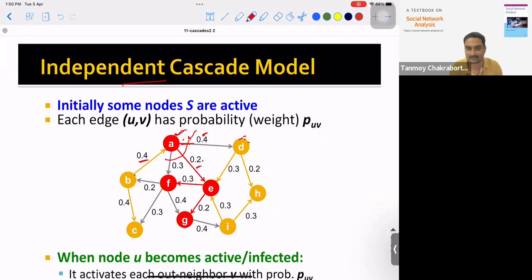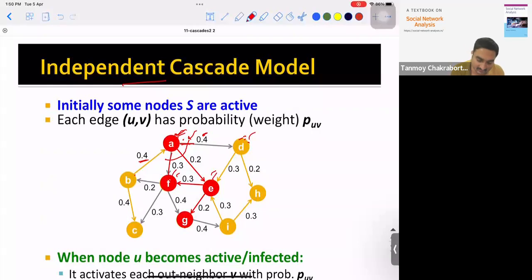Remember, this is a biased coin because these probabilities are not uniform. If it is greater than the threshold, then A will infect the node, otherwise not. Similarly here. And let's assume that according to your coin toss, A has infected E and F, but A has not infected D. So E and F have been infected by A.